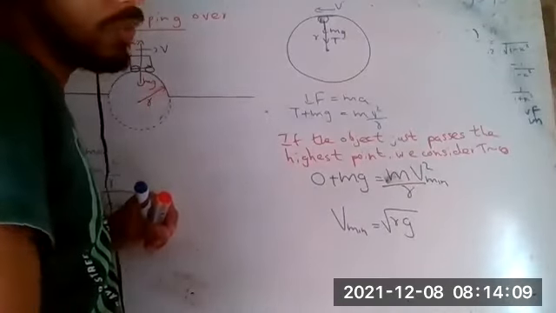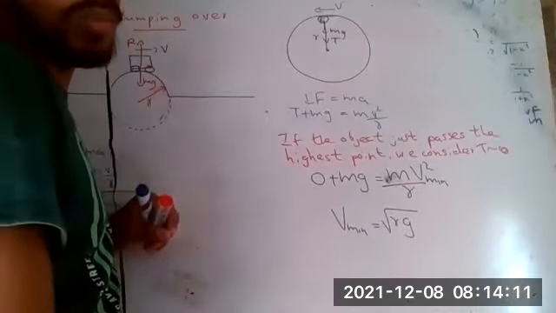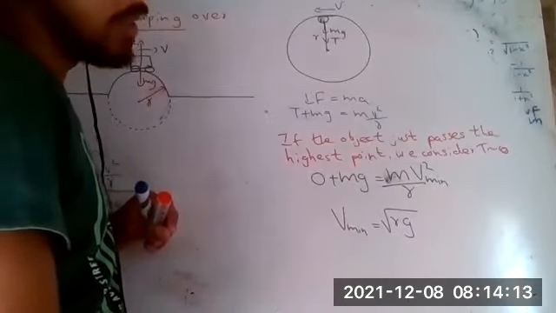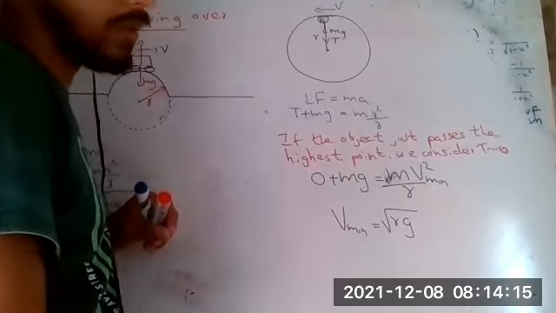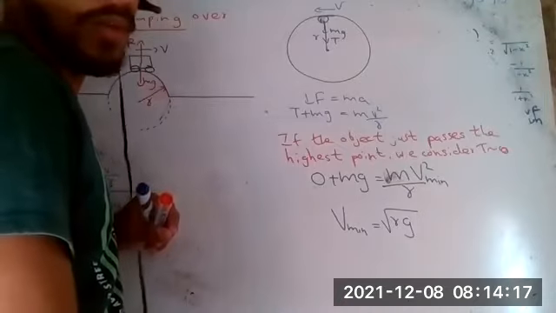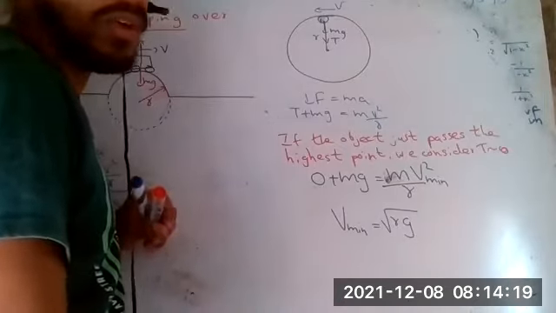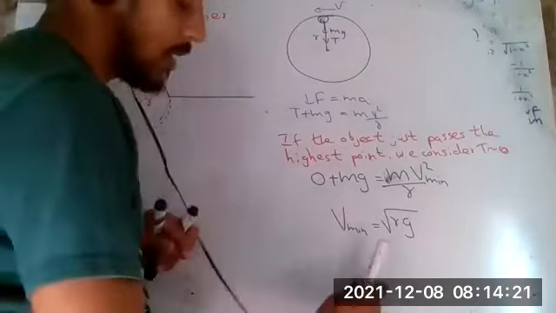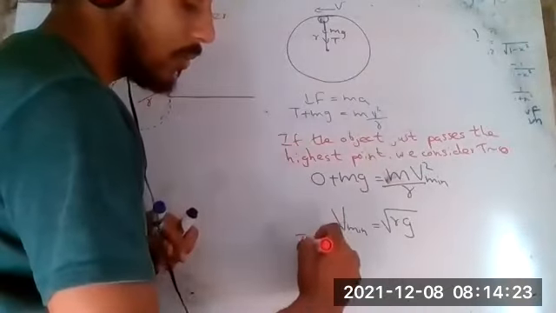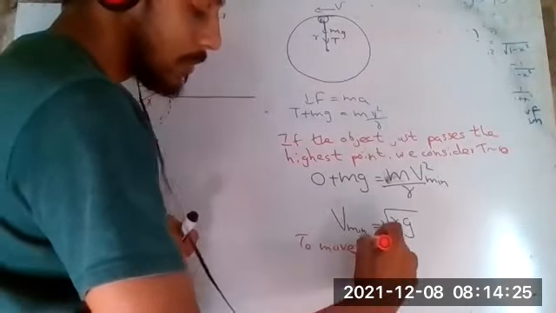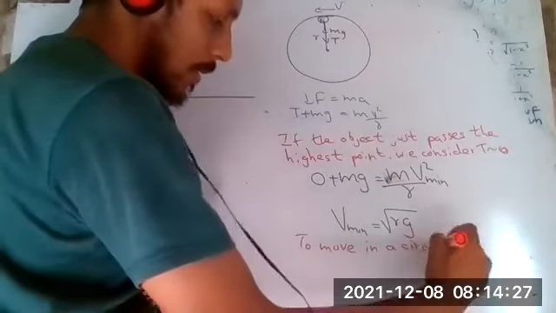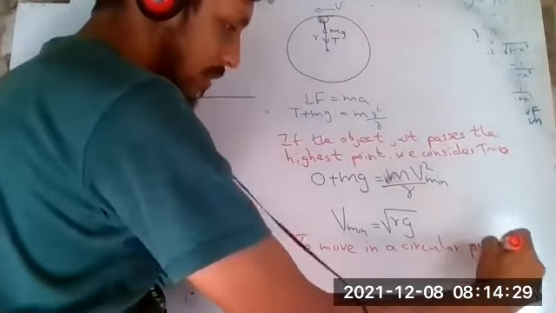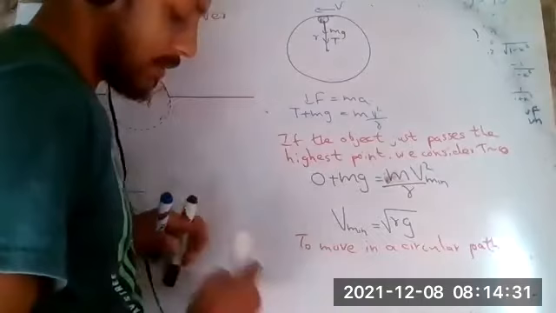So to move in a circular path, the velocity that the object has should be greater than or equal to v min. Otherwise, it will fall. To move in a circular path, what is the condition?